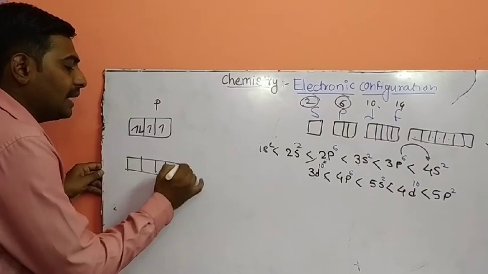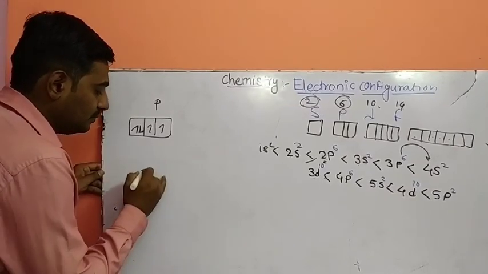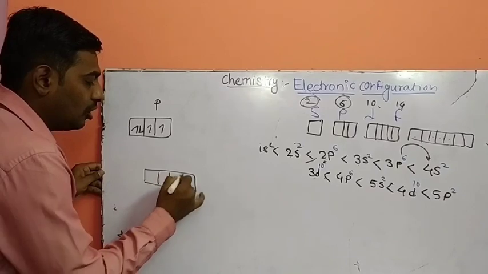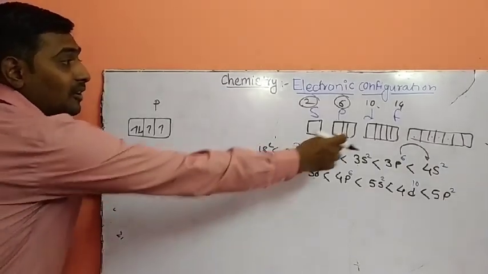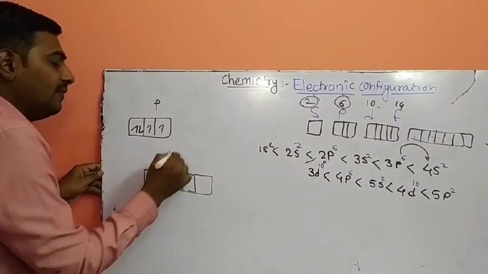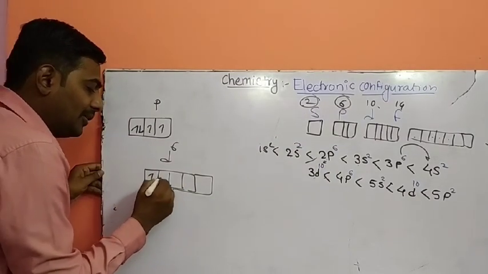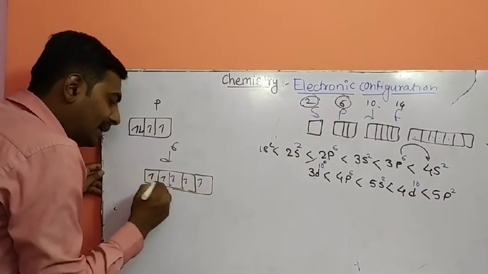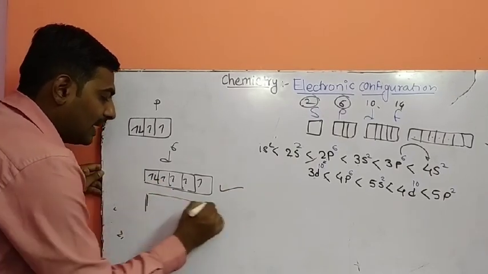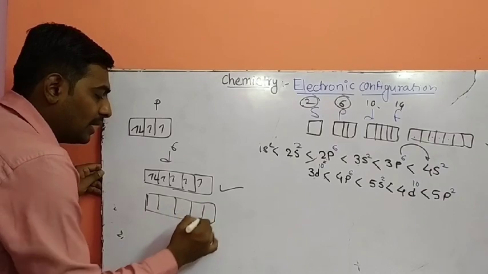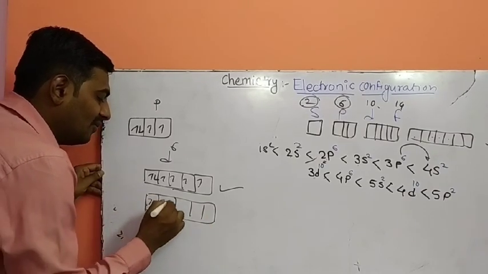How can we write 3d6 or d6? The d orbitals are 1, 2, 3, 4, 5, so there are 5 orbitals. If you have to write d6, it will be 1, 2, 3, 4, 5 and then 6. This is the correct way. How will the incorrect way be? It will be like this, 1, 2, 3, 4, 5, 6.